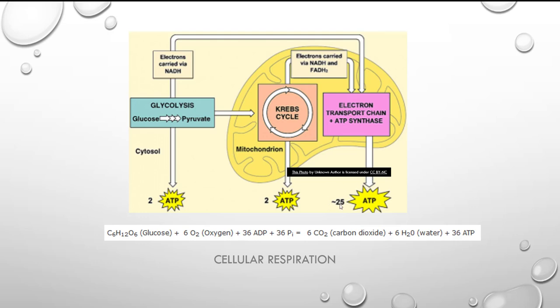Like this one, if you add them up, 2, 4, that's only 29. So it just kind of depends on which book you're using and so forth. But for this particular video, we're just focusing on glycolysis. So this is just the first step of the process, okay?